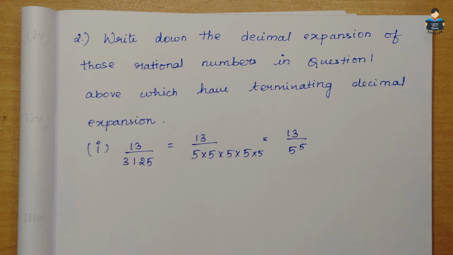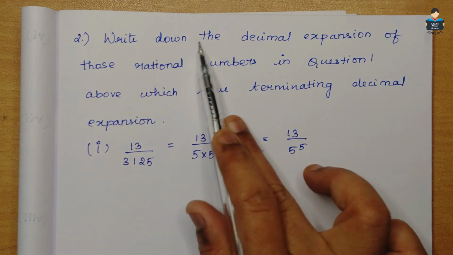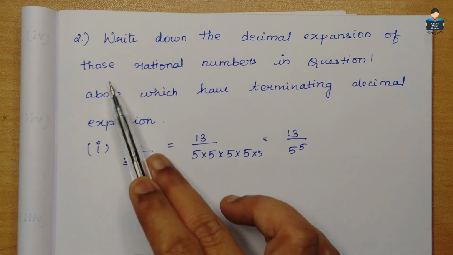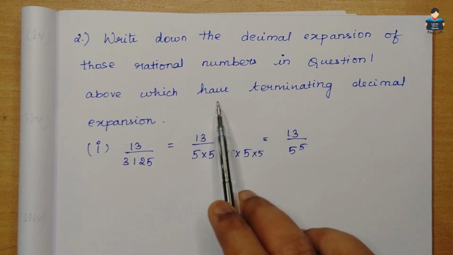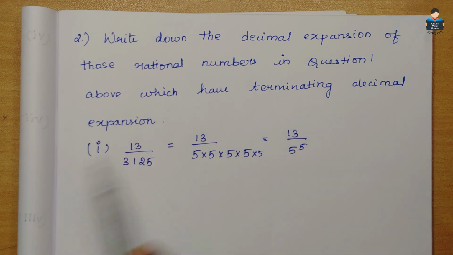In this video, we are going to see chapter 1 real numbers exercise 1.4 question number 2. Write down the decimal expansion of those rational numbers in question 1 above which have terminating decimal expansion.